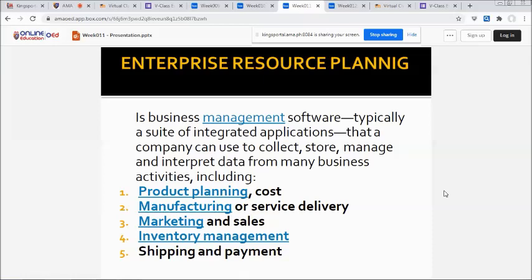Second, manufacturing or service delivery. Third, marketing and sales. Fourth, inventory management. Fifth, shipping and payment.